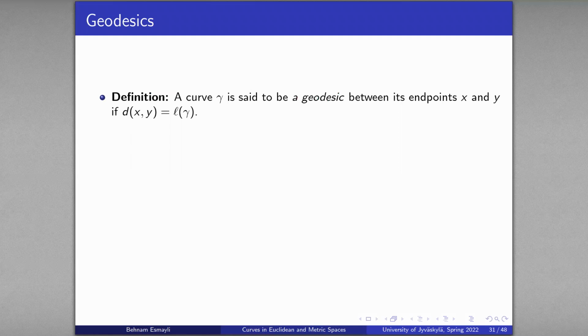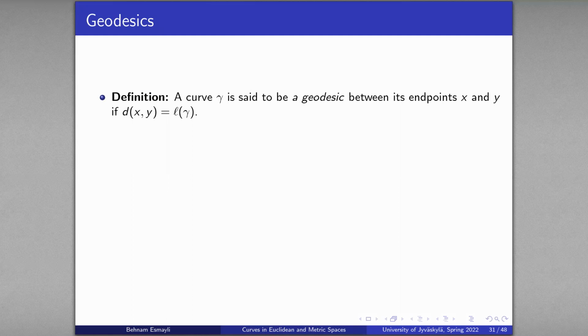Now that we know how to equip manifolds with a distance function to turn them into a metric space, and also we know that any subset of a Euclidean space comes with two distances, the inherited one and the intrinsic one, we are at a good point to discuss geodesics.